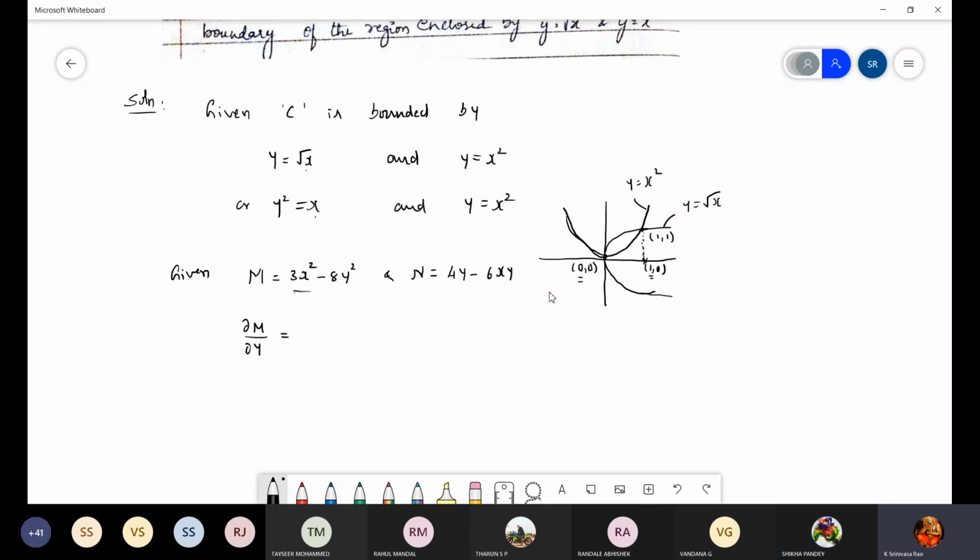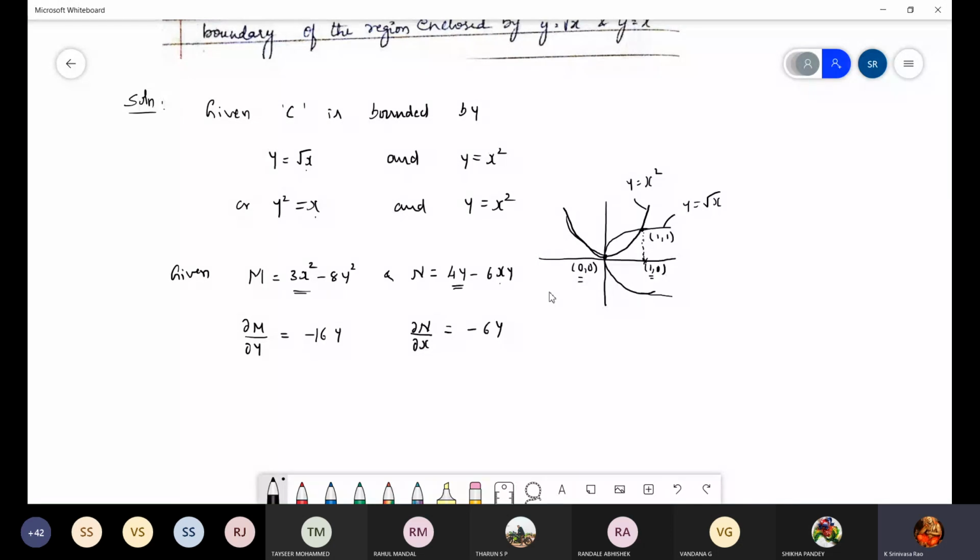The first term is 0, minus 16y, since y square differentiation is 2y, and 2 into 8 is 16. Then N you differentiate partially with respect to x. You will get minus 6y. Partially with respect to x, 4y is 0, no need to write it. And here the variable x differentiation is 1, so minus 6y, with y kept as a constant.